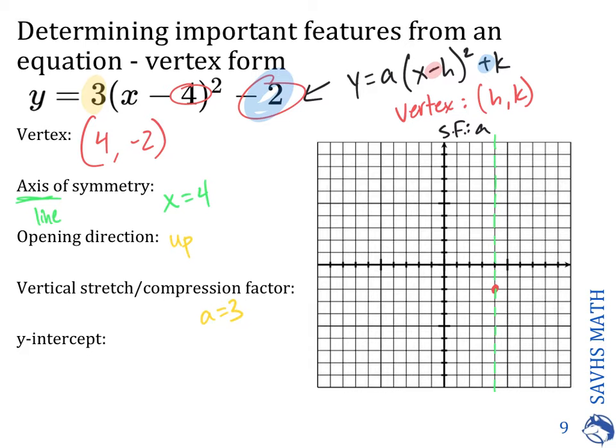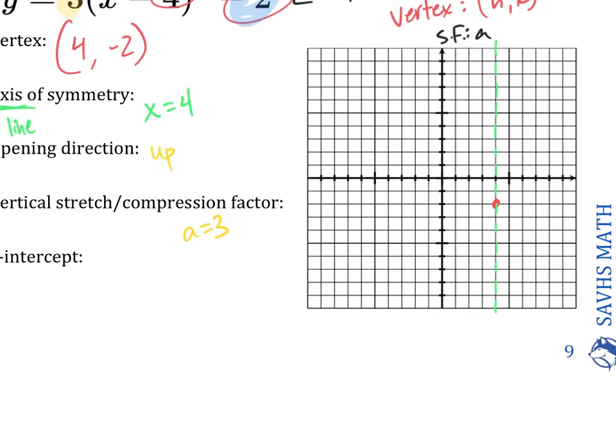Okay, so here's what I'm thinking. Normally, when we graph these things, our parent function, our original function, is the function y equals x squared. And so when I think about x squared, I'm like, okay, well, 0 squared is 0, 1 squared is 1, 2 squared is 4, and 3 squared is 9.